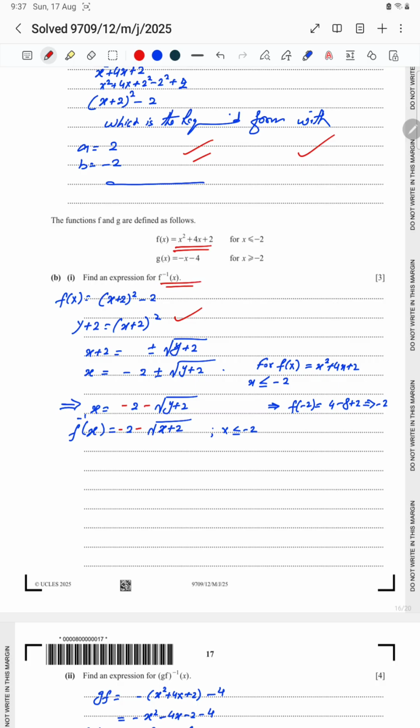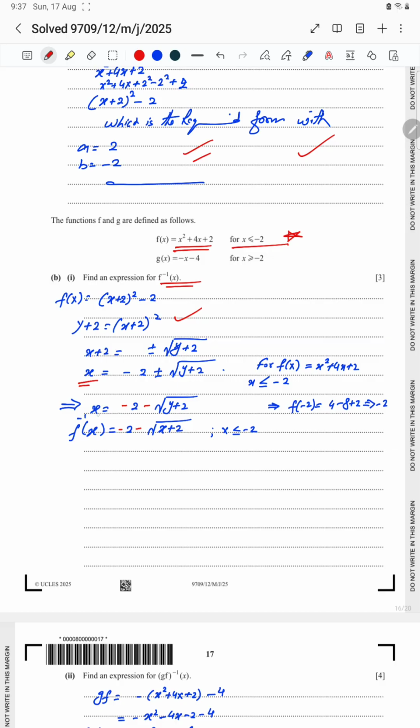So we know whenever we have a quadratic expression in a function and we have to find the inverse, we always use the completing square format. The domain is x less than or equal to minus 2. Keep this in mind. It's a very important point for the selection of the final result. So we make x the subject, taking the square root on either side. Y goes here, x goes here, and we have plus minus.